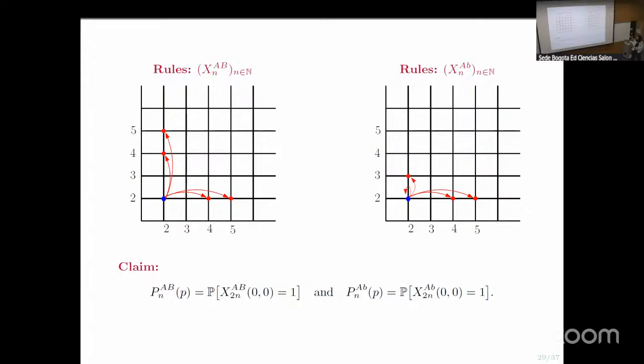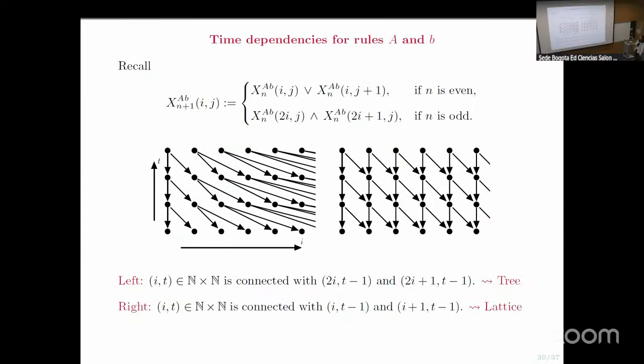Okay, I won't give you all the proof, but let me try to give you some intuition why this is true. Let me show you for this game. So this cellular automaton, and let's see why this corresponds to the game that I introduced. In this picture on the left, here is one of the coordinates, and here is time.